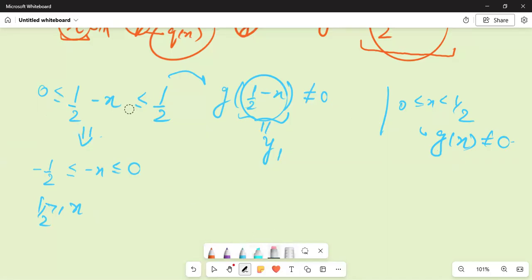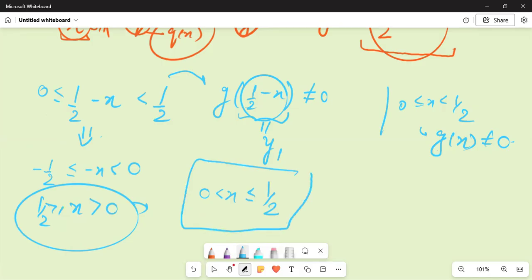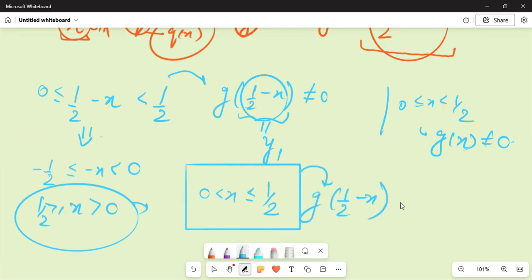So here also we'll be changing it just at half, 0. So this is a coincidence that when x is between this, although 0 is not included, half is included this time. So G(1/2 minus x) will be non-zero, and for all the rest of the values, it will be 0.